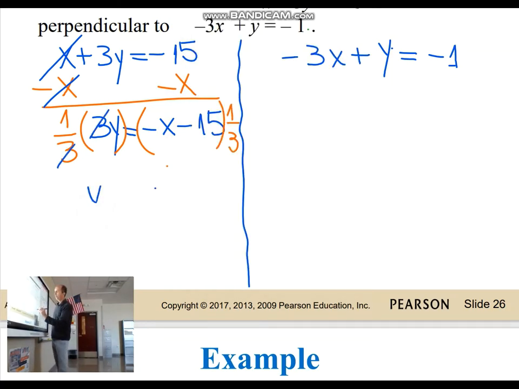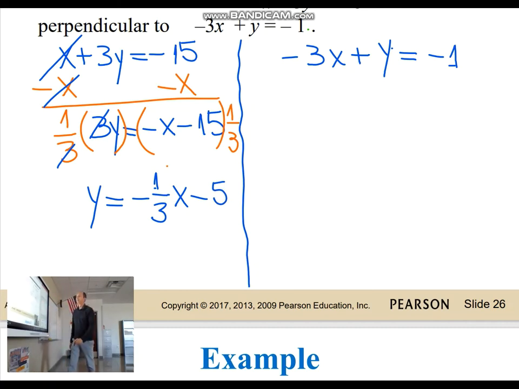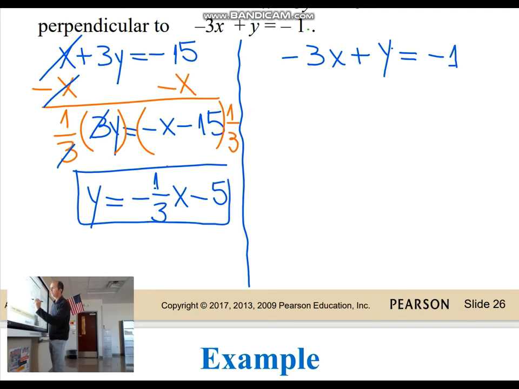And simplify here, y equals negative 1 over 3 x minus 15 divided by 3, 5. Okay? This is the slope-intercept form of one of the equations.